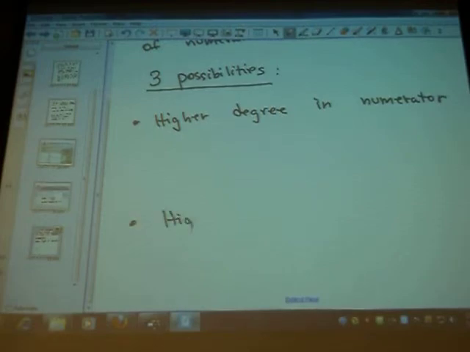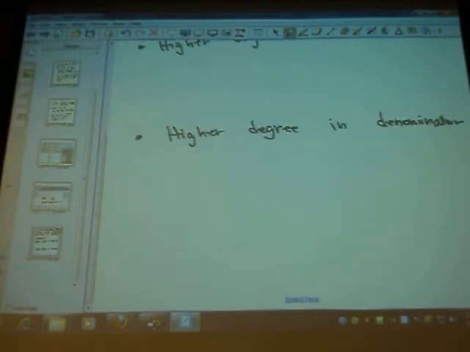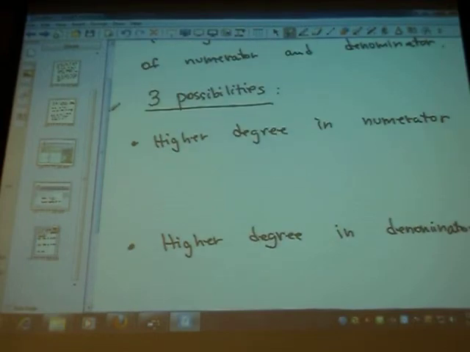You can have a higher degree in the denominator. Or you can have the same degree. That covers everything. Higher on top, higher on bottom, or they're the same. There's no other possibility. Okay, higher degree in the numerator is when you do not have a horizontal asymptote.